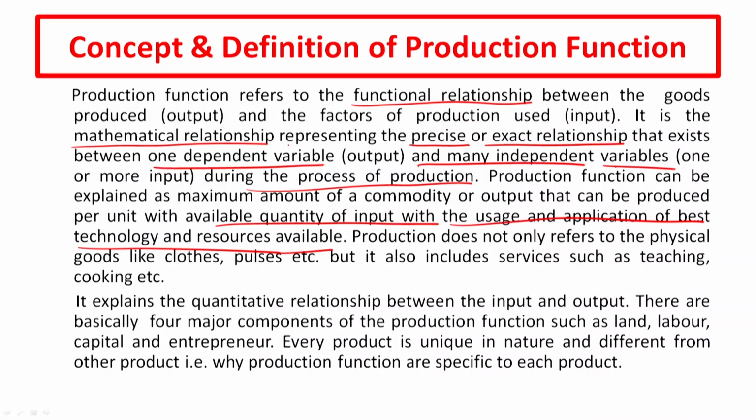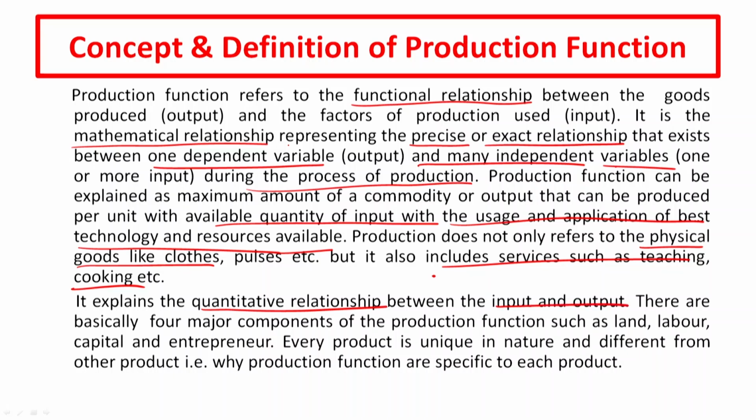Production does not only refer to physical goods like clothes, but also includes services like teaching and cooking. That means production means production of goods and services. It explains the quantitative relationship between the input and output.